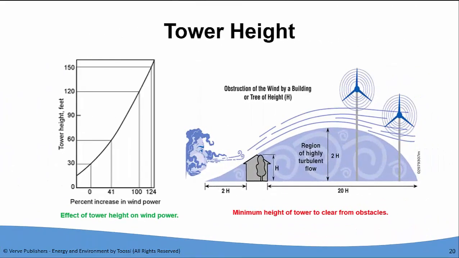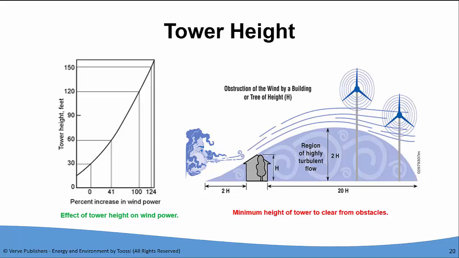The turbine has to be installed away from major obstacles like houses and trees, and this is a diagram suggested by the Department of Energy. The wind turbine has to be in an area where there are no obstacles, at higher elevation and farther away from any building.